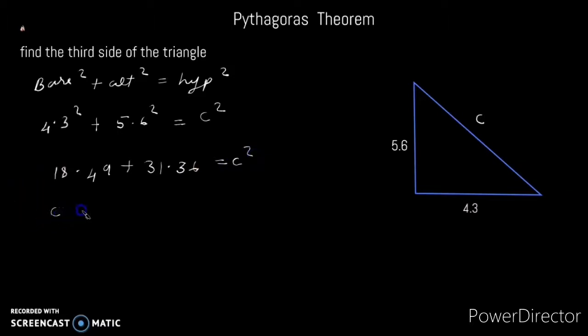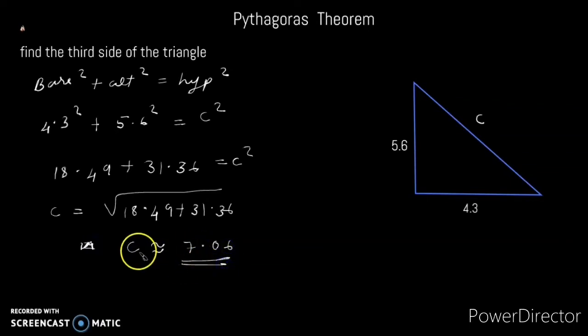So c will be equal to the square root of 18.49 plus 31.36. This will give us approximately, so it's not equal to, c will approximately be 7.06 units. Now I've proved that even decimals can be used in Pythagoras theorem.